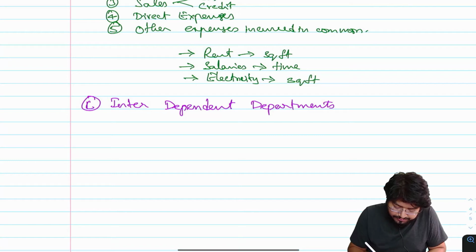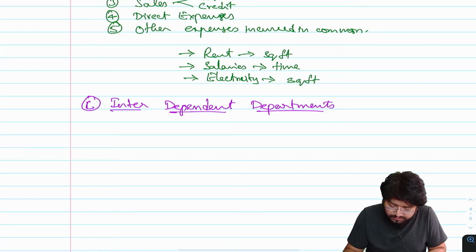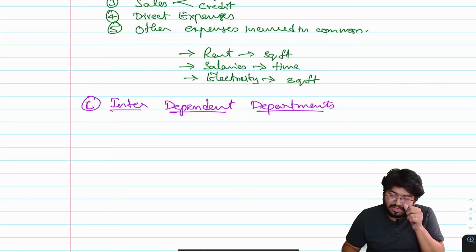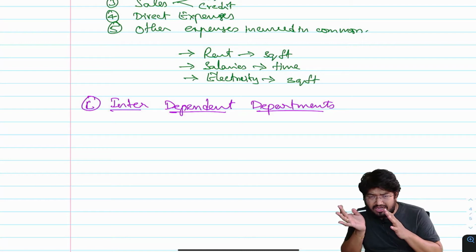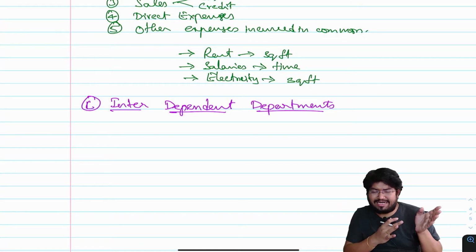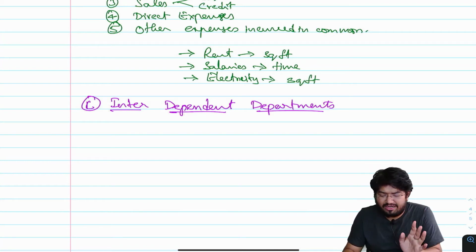Now, when do you call something an interdependent department? Where one department's output is basically an input for the next department, then you call it an interdependent department.